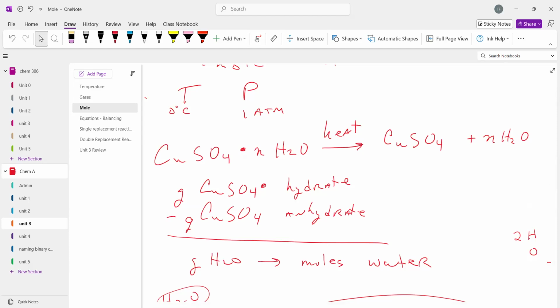However, if you heat it, you can drive off the water. So to determine how many waters bind to the copper, we heat the dickens out of it, drive off the water, then weigh it again. The difference in the mass is how much water comes off. And then the goal in this lab is to find out how many moles of water comes off.